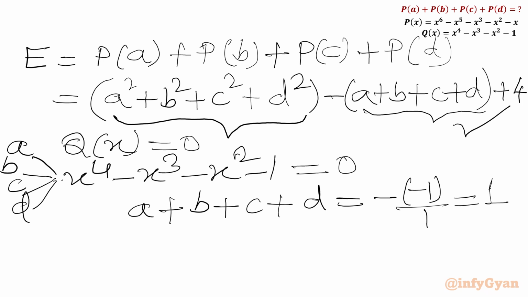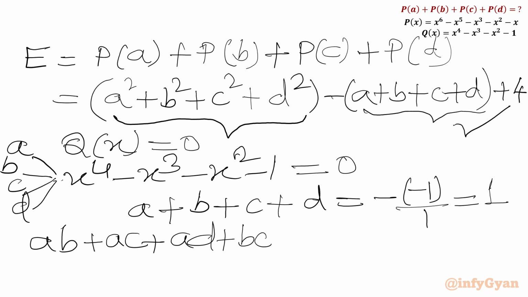So this is okay. Now our target is to find a square plus b square plus c square plus d square. So let me write the sum of roots taken 2 at a time: ab plus ac plus ad plus bc plus bd plus cd.